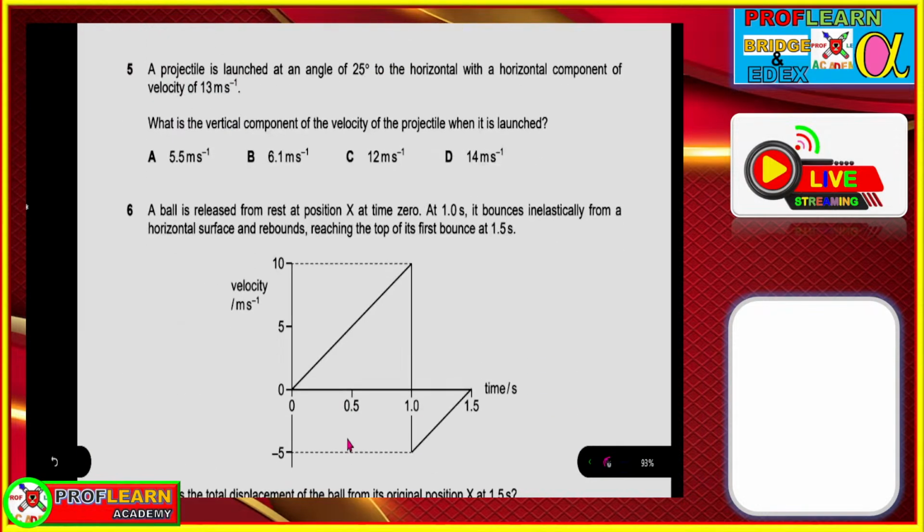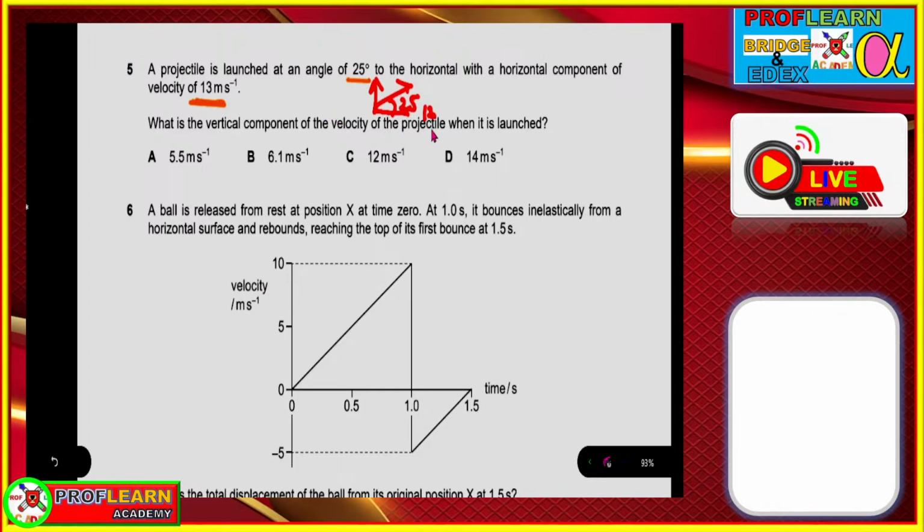Moving to question number 5, a projectile is launched at an angle of 25 to the horizontal with horizontal component of velocity 13 meters per second. What's the vertical component of this? If it's launched at an angle of 25, then this is going to be 13, and now we are working out the vertical component.